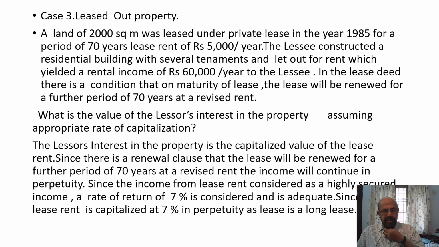In the lease deed, there is a condition that on maturity of the lease, the lease will be renewed for a further period of 70 years at a revised rent. What is the value of the leaser's interest in the property, assuming an appropriate rate of capitalization?